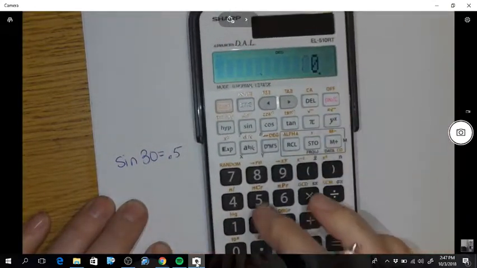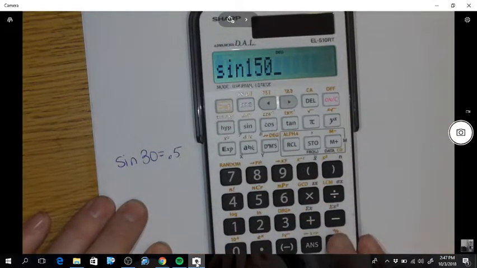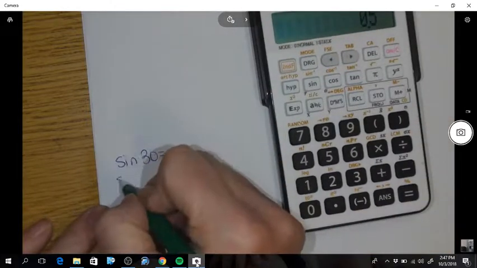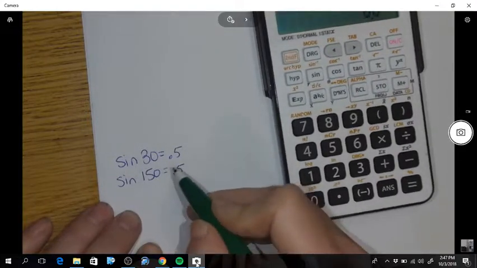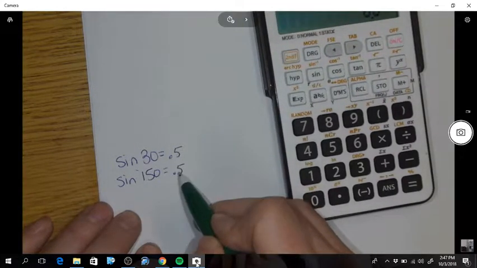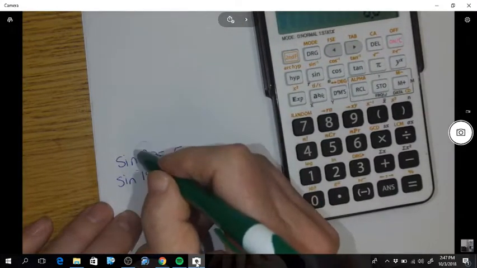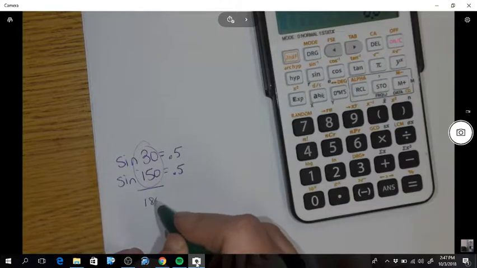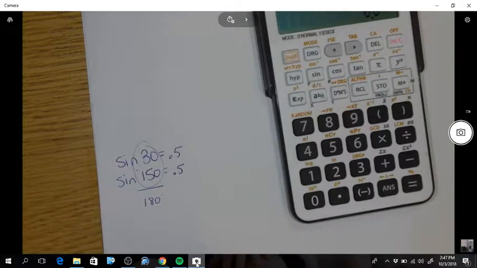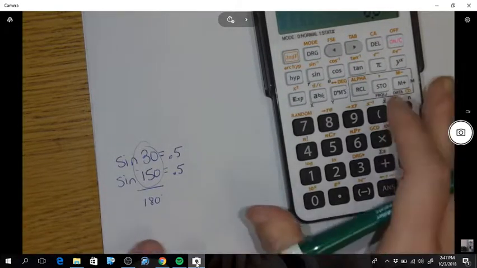What is the sine of 150? 0.5. So these had the same result. Do you see anything particular about that? Those angles make 180 together. That's an important trig thing.